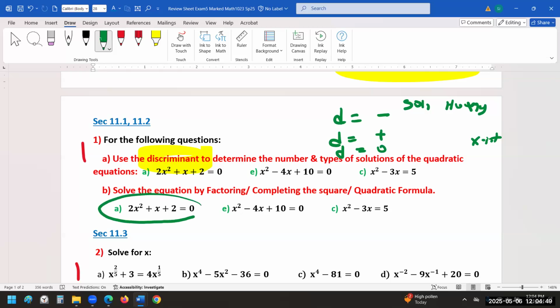For factoring, something like this, where you have an A and C. So first step, look for if it's factorable. If it is, then you choose the AC method. If it's not factorable, then complete the square or use the quadratic formula.